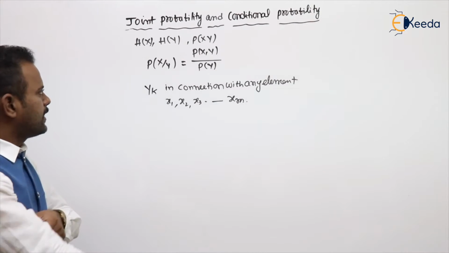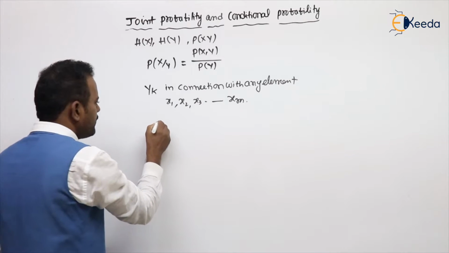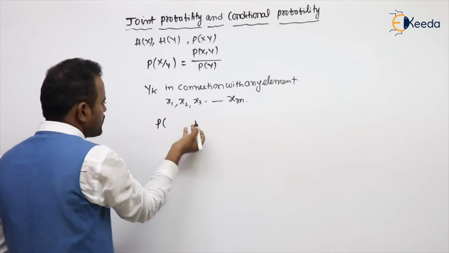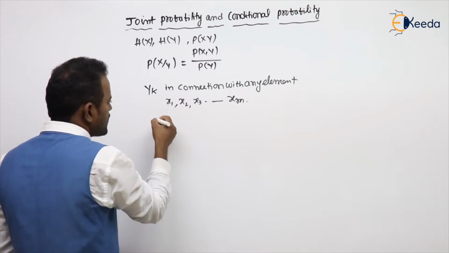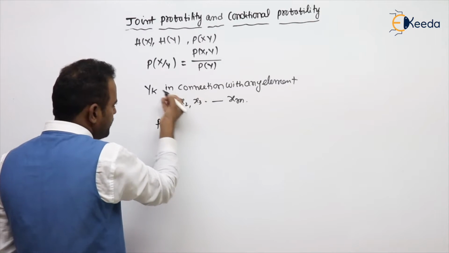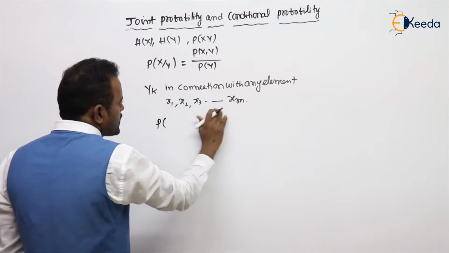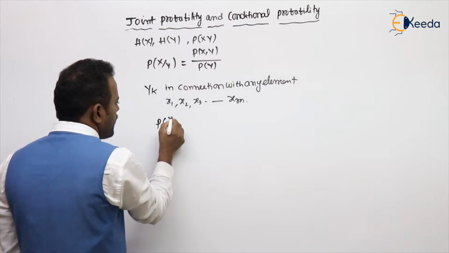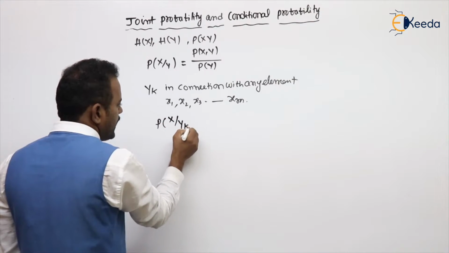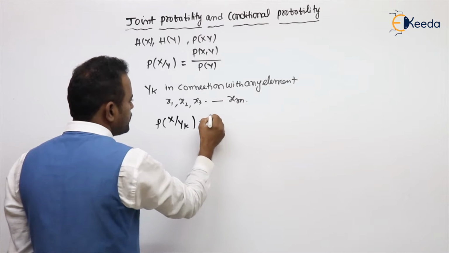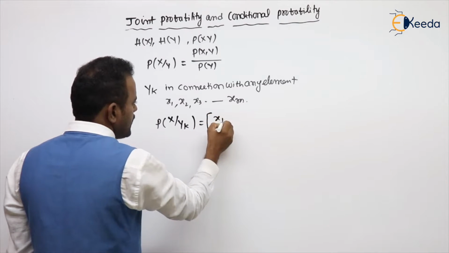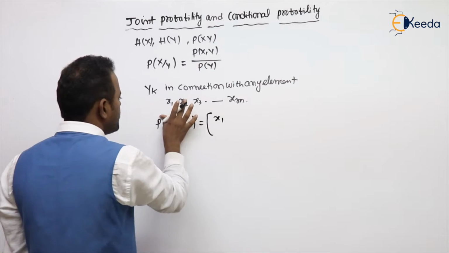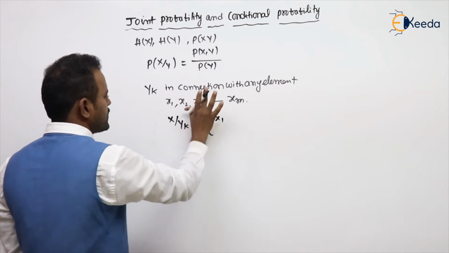So let me write that probability matrix, or the probabilities first. Later we can write the matrix. Let me write the complete set of them. All the symbols in connection with yk, I am writing a complete set. So what is P of x by yk? What is that complete set? Let me write the complete set first.